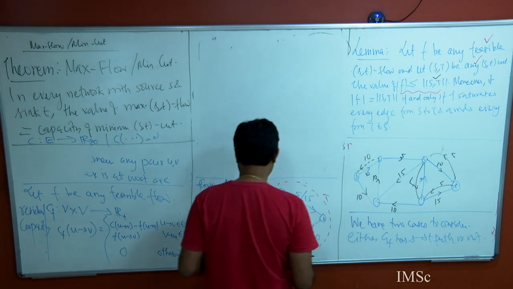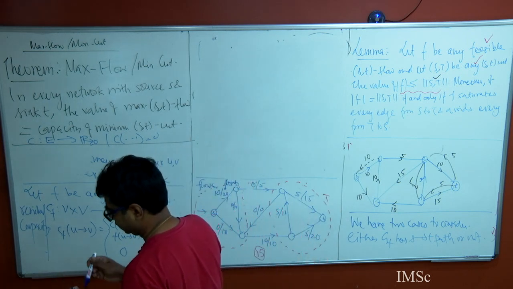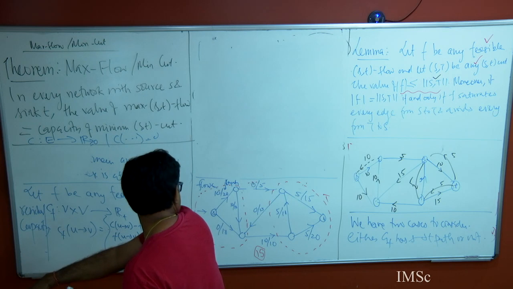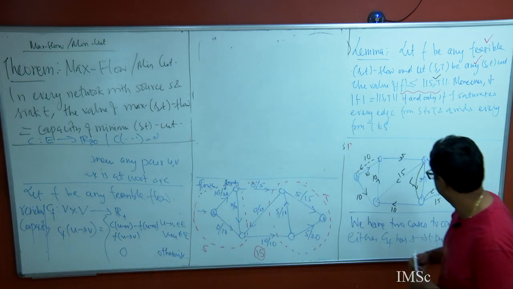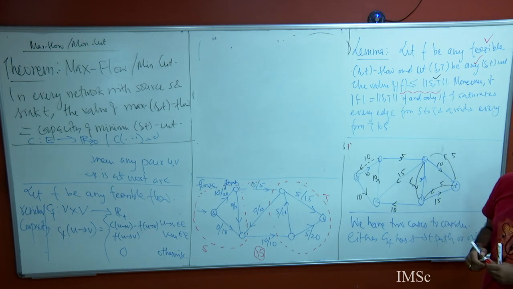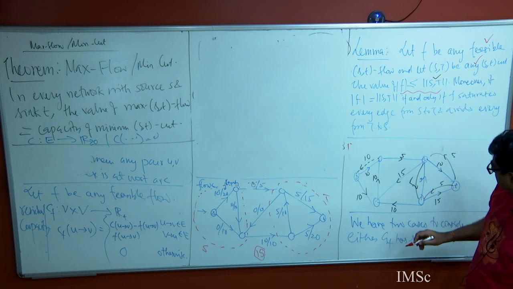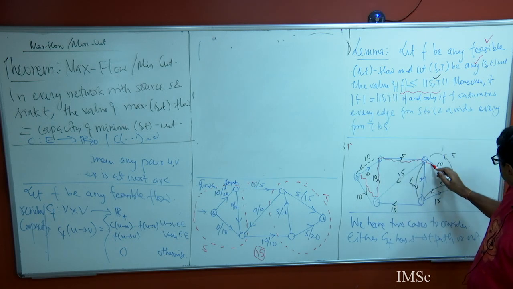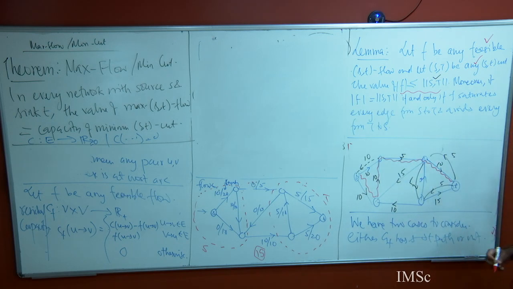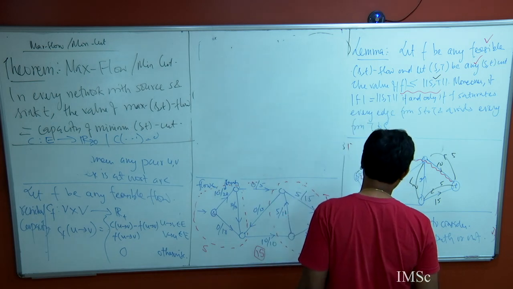Okay, and so for example, what is the path here? Is there a path in this network? So give me one path from S to T. So one path is this, this is one path possible. Is there any other path possible?